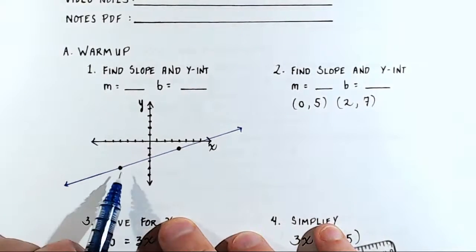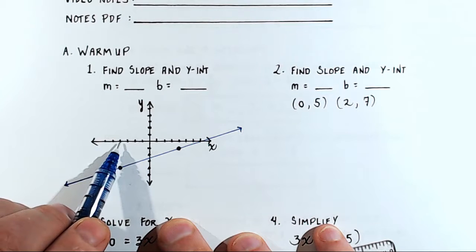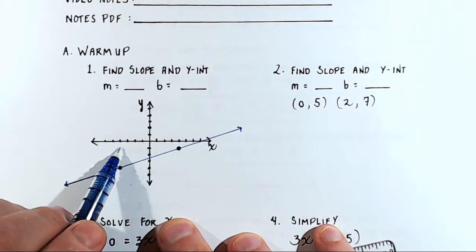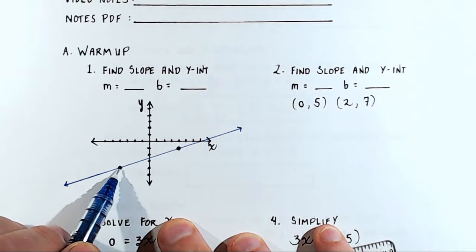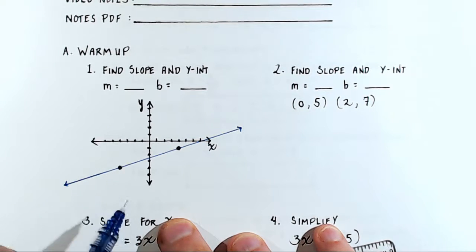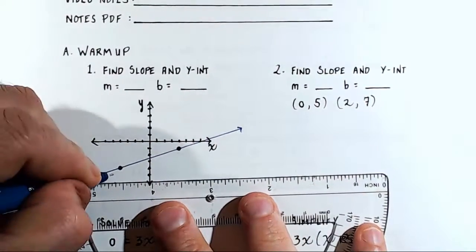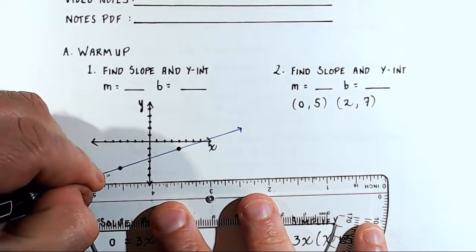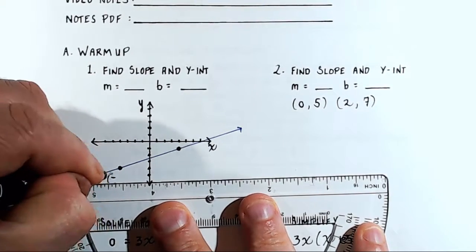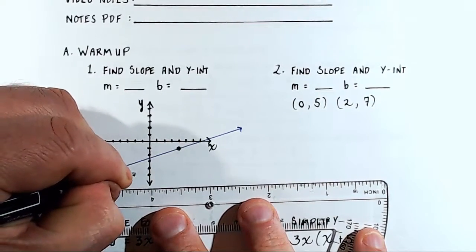So let's see. For this point over here, it's -1, -2, -3, -4. And then down 1, down 2, down 3, down 4. So my point right here is -4 comma -4.